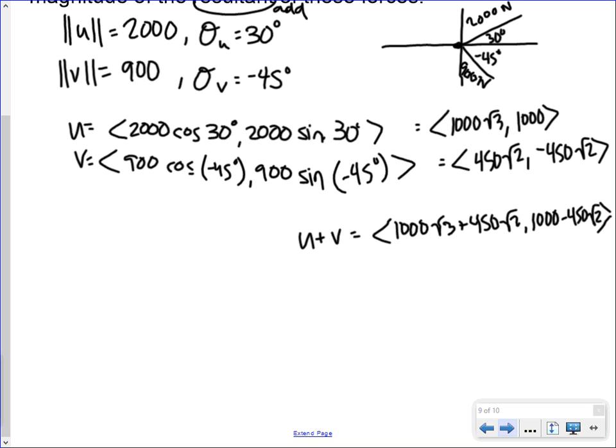Now I've done my work with the unit circle, but I may type it into my calculator and get decimal values. So my U plus V in decimals, I think I have them written down. I get something like 2,368.45 and 363.60 when I type those in. And that will be my A and B that I use for direction angle and magnitude.